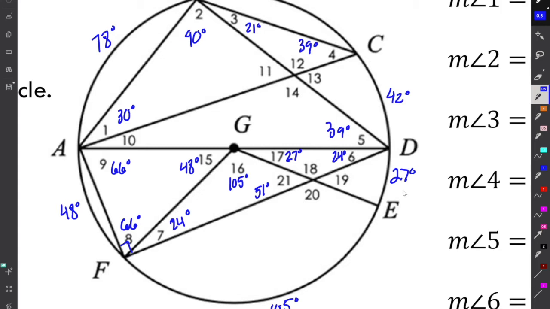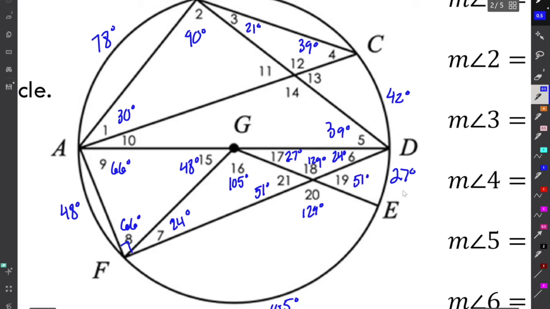I noticed that 18 and 21 form a linear pair. So 180 minus 51 will give me angle 18, which is 129. And that means angle 20 is also 129 because they're vertical angles with angle 18. And then 21 and 19 are also vertical angles, so 19 has to be 51 degrees.